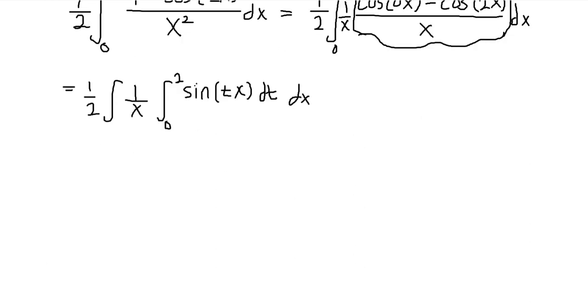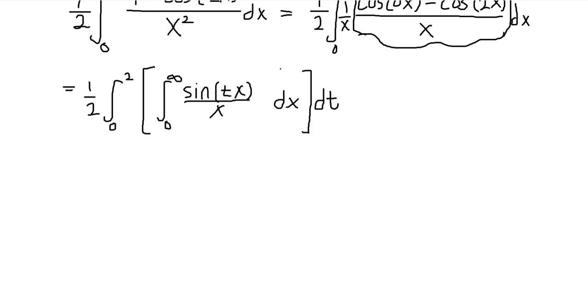And what we can do now is, so this was our original 0 to infinity. This 1 over x is a constant with regards to the dt, so I could pull it in right here. And then I swap the order of integration. So the x integral is now on the inside, and we can focus on it now.